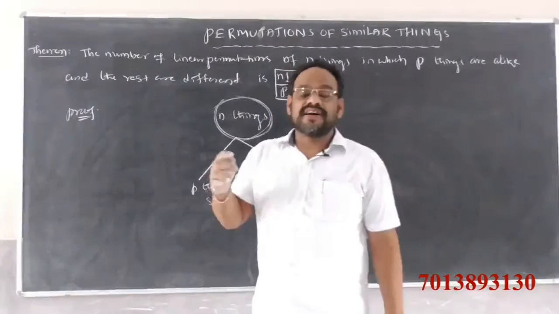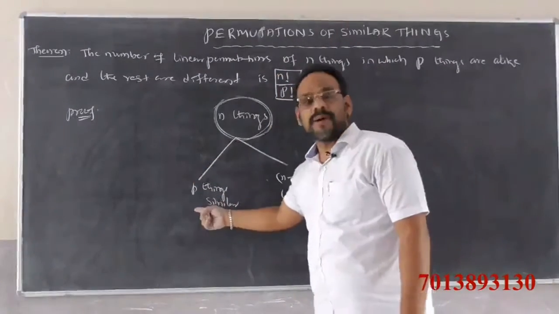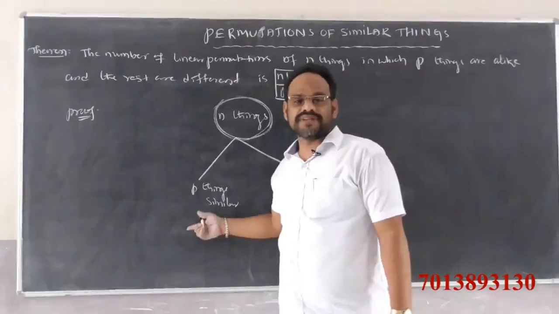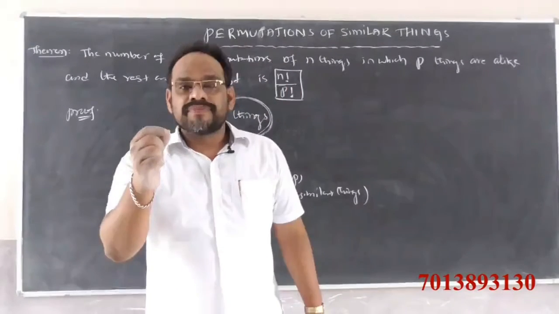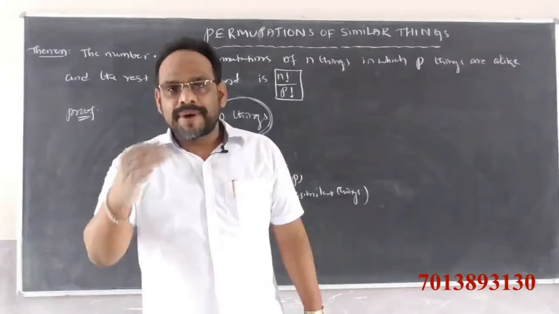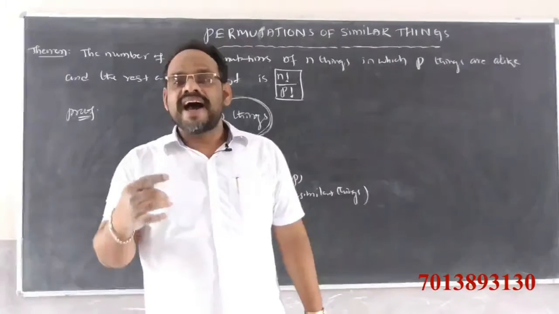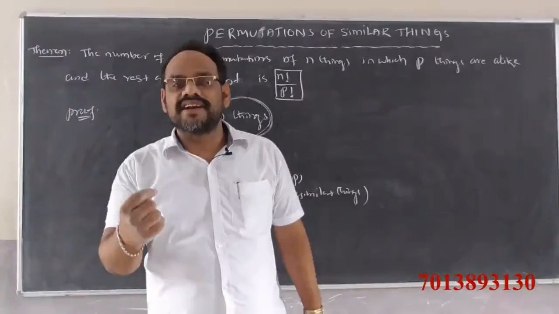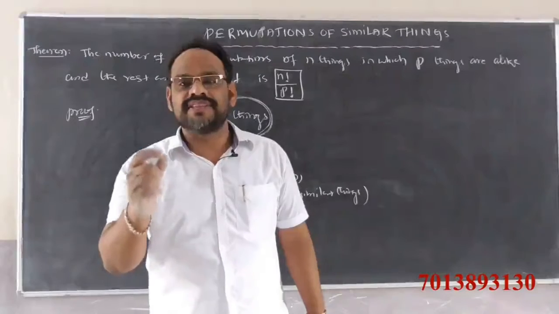So then can we get the number of permutations? The number of permutations here is p factorial. P factorial permutations arise by permuting these p alike things without altering the positions of the other n minus p things.